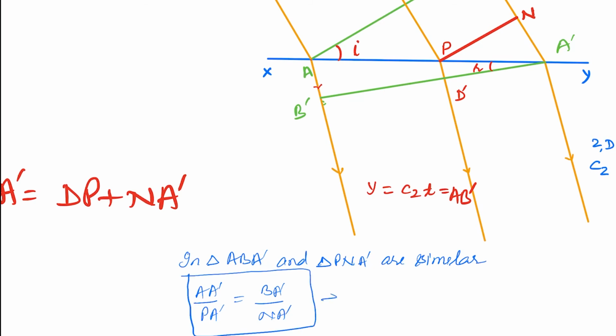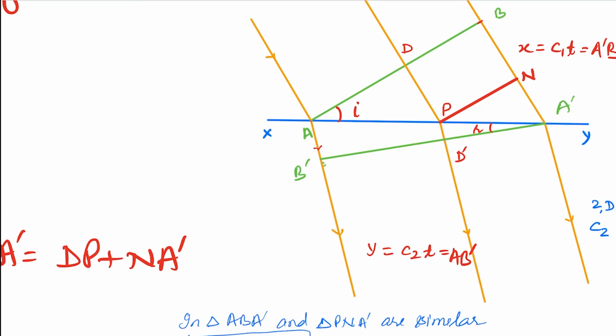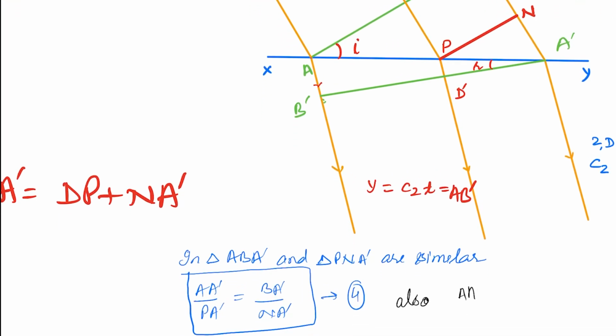This is relation number 4. Triangle AB dash A dash and triangle PD dash A dash are similar. So AA dash divided by PA dash is equal to AB dash divided by PD dash. This is relation number 5.